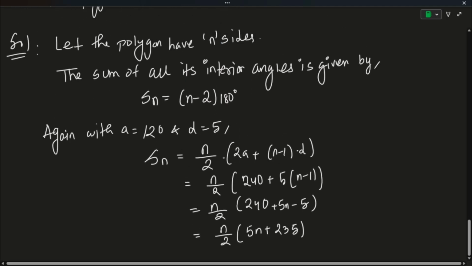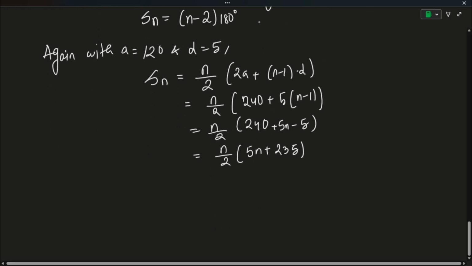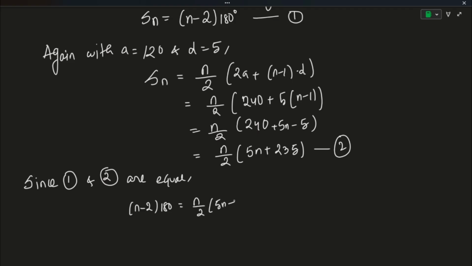Now these two sums should be equal, right? We are essentially calculating in degrees, so we don't need to write the degree anymore. We can equate these two terms, call this equation 1 and this equation 2. Since 1 and 2 are equal, we can write n minus 2 into 180 equals n by 2 whole into 5n plus 235.